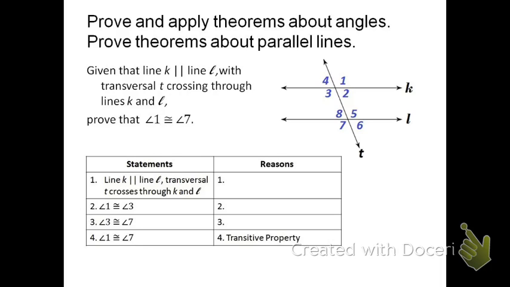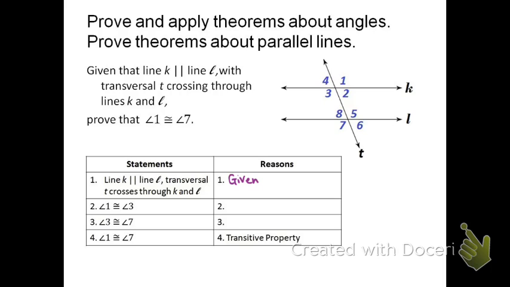So, let's recall. The first reason that we give in almost, well actually any proof, usually it is going to be given. Alright, that part was given. Awesome. Now, if these lines are parallel, that sets up some nice work for us. So we have angle 1 is congruent to angle 3.